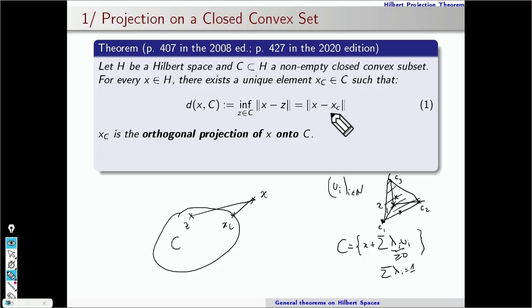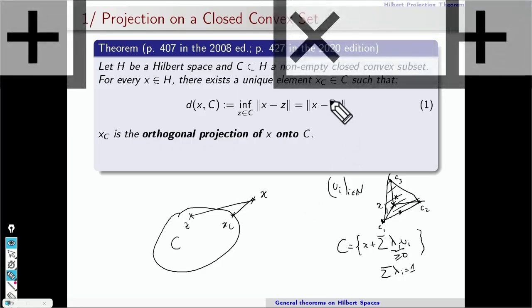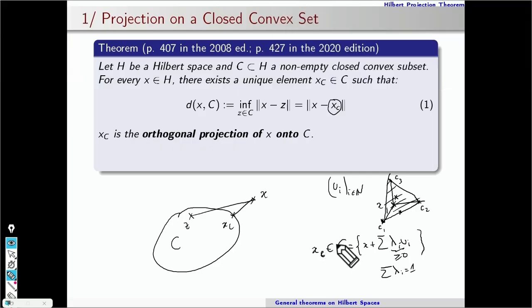But the question is, does there exist a point xc in C such that the minimum is reached, the distance is minimal? And in fact, the answer is tricky because it depends on what we mean by convex subset generated.